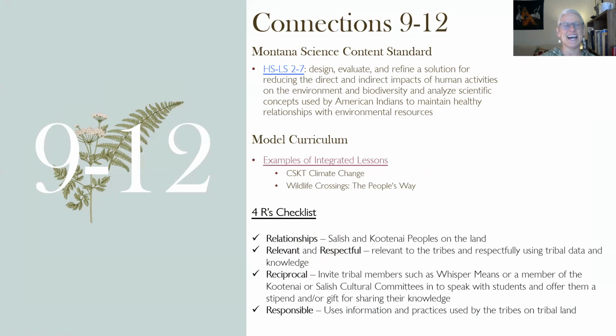So hopefully you can see how all of this can work together and isn't really asking anything extra, except for taking a step back and not teaching the subject and not teaching the context, but teaching about how to approach information from the 4 R's and from the values that are often tribal values and Indigenous values, to make sure that those relationships are intact, to make sure that the information shared is relevant and respectful, to make sure that if you're asking for any information or wisdom or time, that's reciprocated.